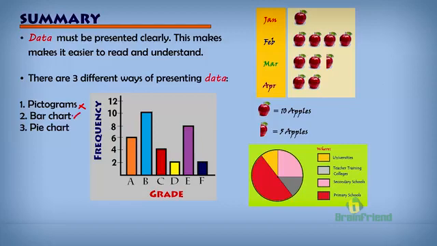We also learned about the bar chart that makes use of vertical columns that are rectangular in shape to represent our data. And lastly, we learned about the pie chart, which we said is shaped like a pie, circular and divided into slices or sectors to represent the different data.